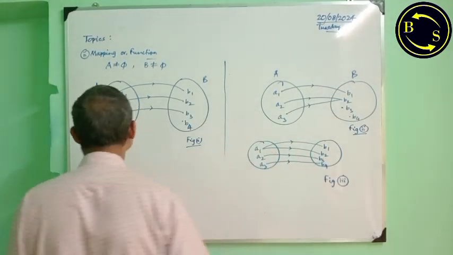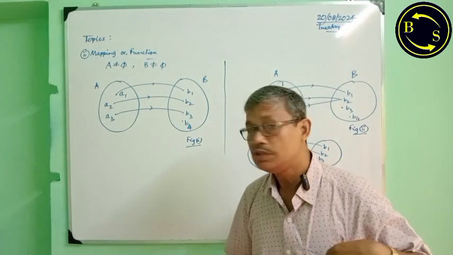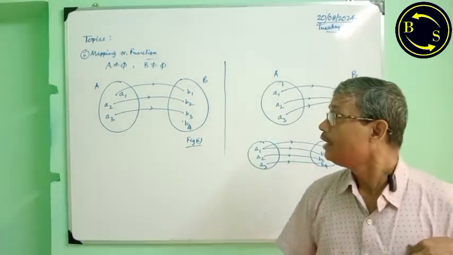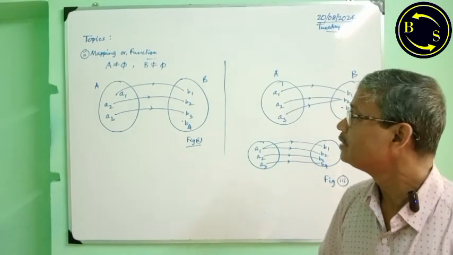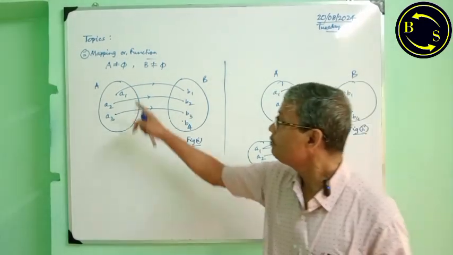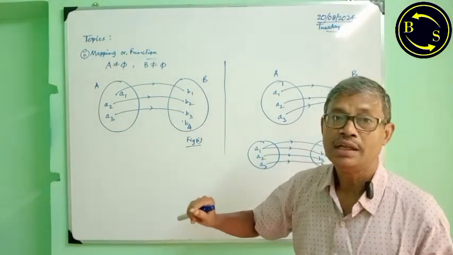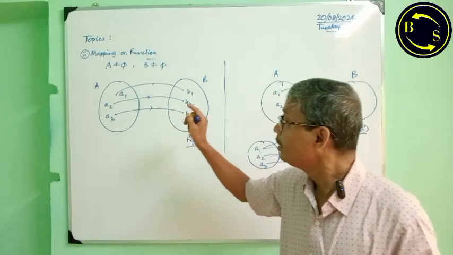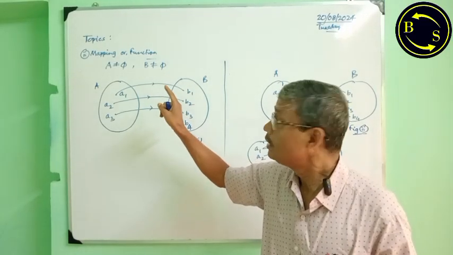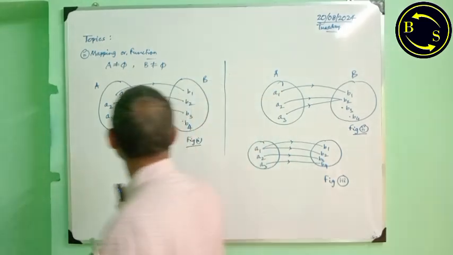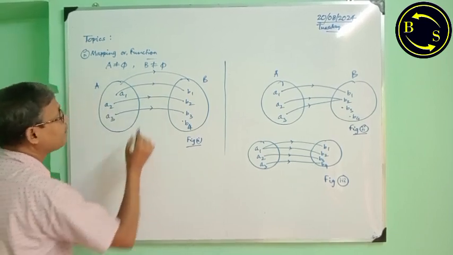Now, function, a particular type of relation, is defined as a rule or a condition or a property, also called correspondence, which associates every member of set A to a unique member of set B. Again, I say a special type of relation, we express that by f.